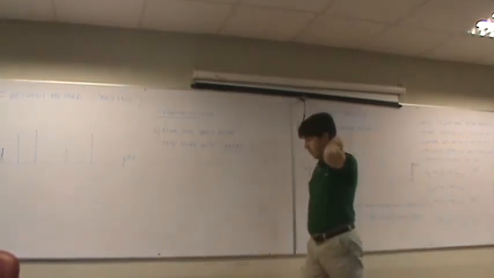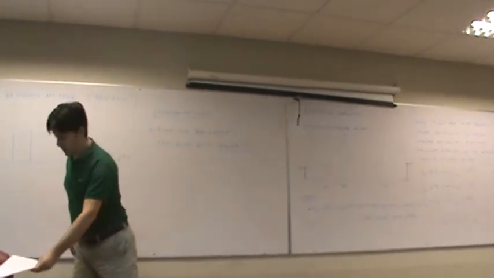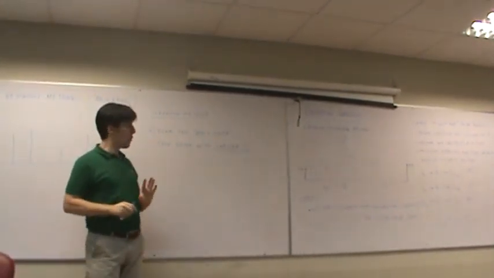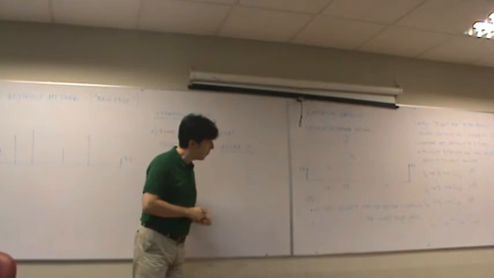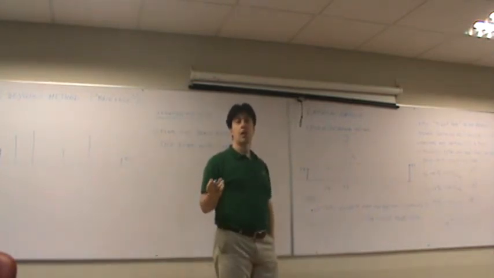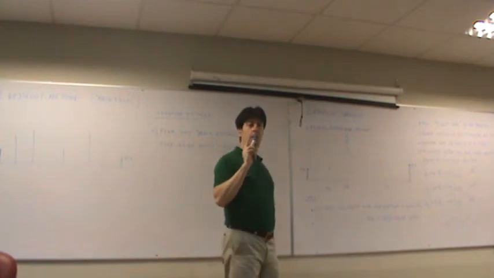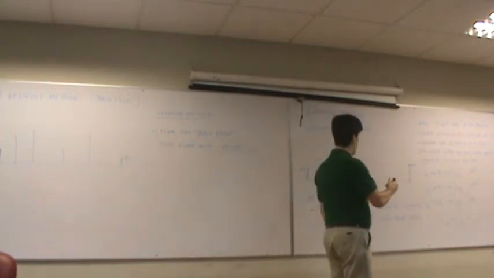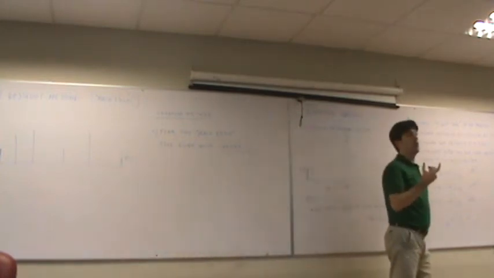Please note that if you look at the expression of V, I will not write it down again because it's in your notes. The value of V depends on the height of the obstacle, but also on the distance.